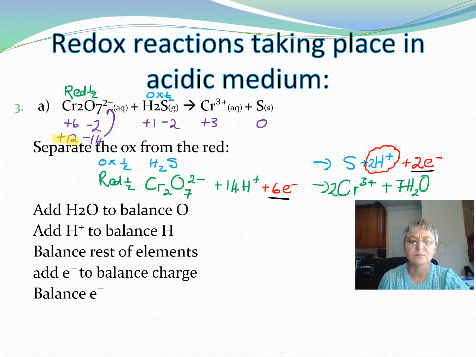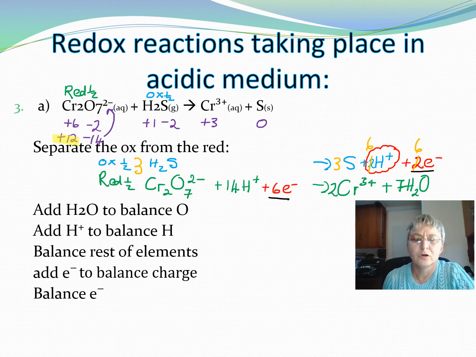So 3 hydrogen sulfides will form 3 sulfurs and 6 hydrogen ions and donate 6 electrons.